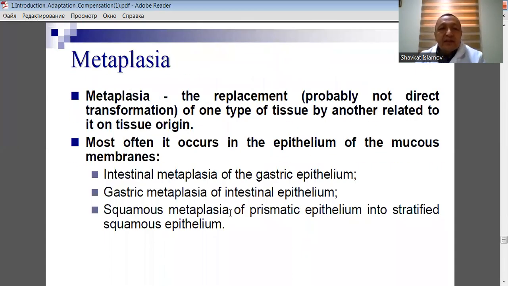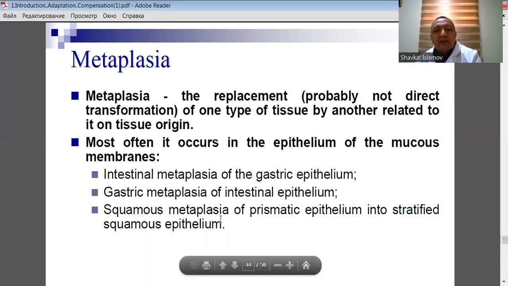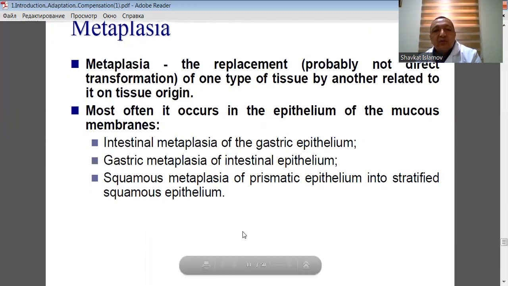Metaplasia is the replacement of one type of tissue by another of the same tissue origin. Most often it occurs in the epithelium of the mucous membranes: intestinal metaplasia of the gastric epithelium, gastric metaplasia of intestinal epithelium, squamous metaplasia of prismatic epithelium into stratified squamous epithelium.